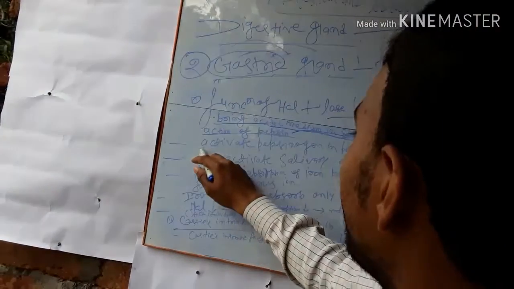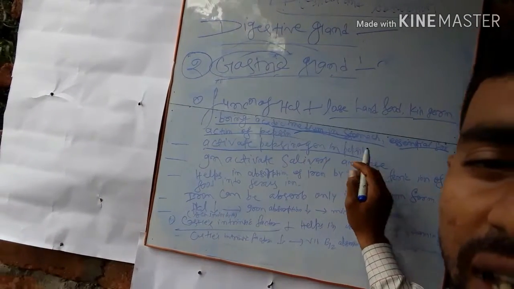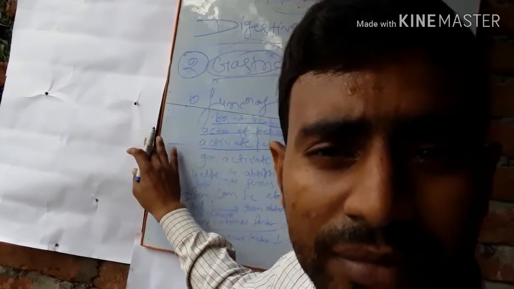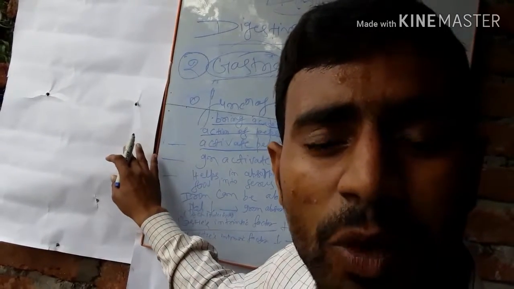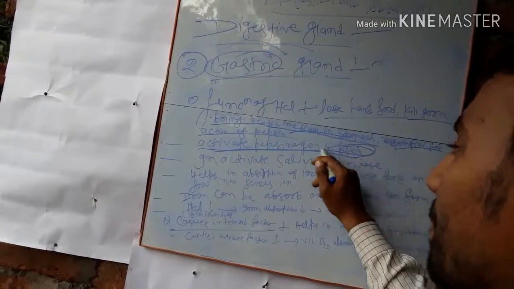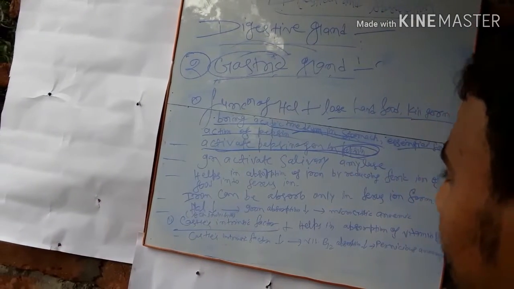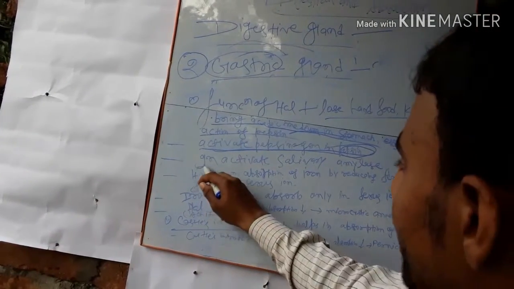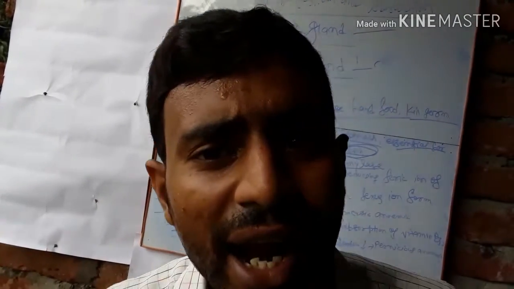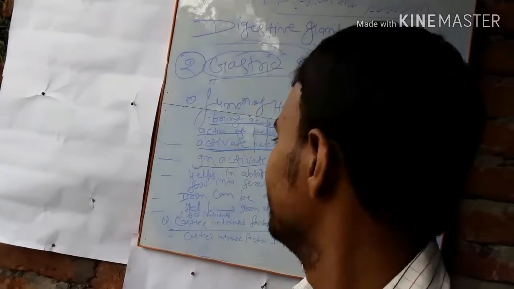HCl activates pepsinogen, the inactive form, and it is changed into pepsin, the active form. HCl also inactivates salivary amylase, which is also called ptyalin.